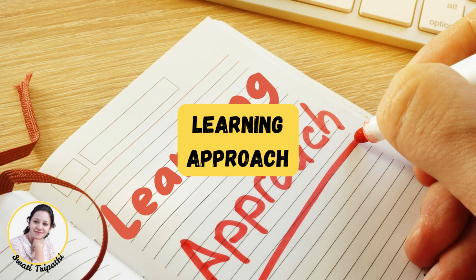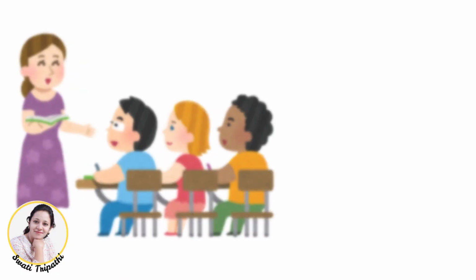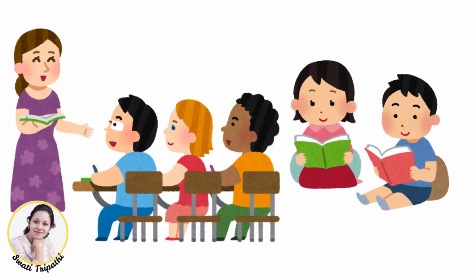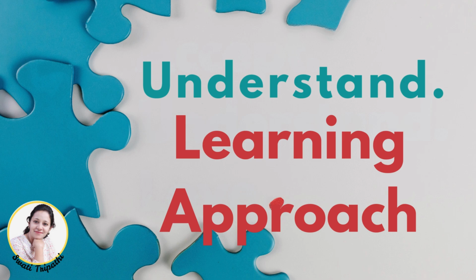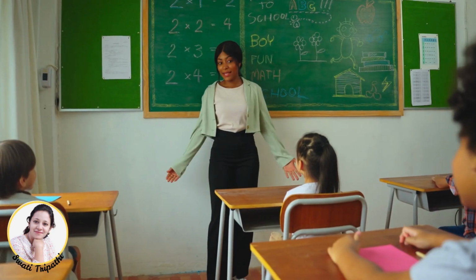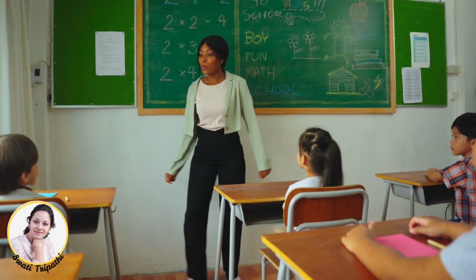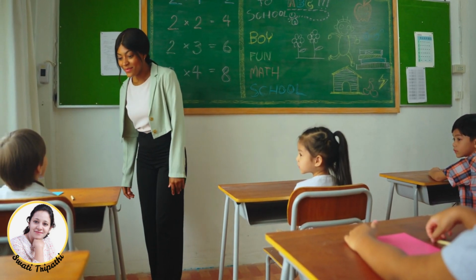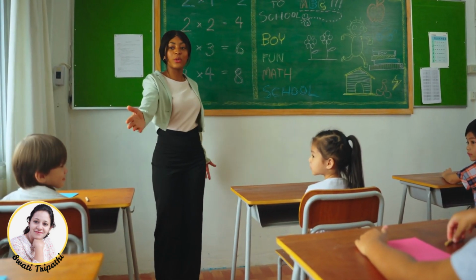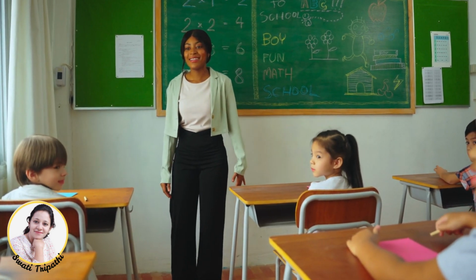Next, learning approach. How you are teaching, how the students are learning, their learning approach we need to understand. And for that, when you're starting your session, when you're starting your classes, you need to understand them. As soon as you are entering the class, you cannot teach. You will go with some kind of rapport, some kind of connection.